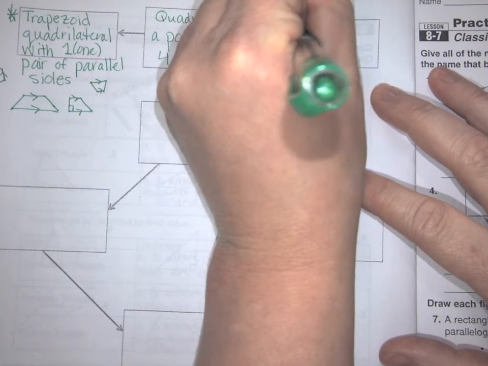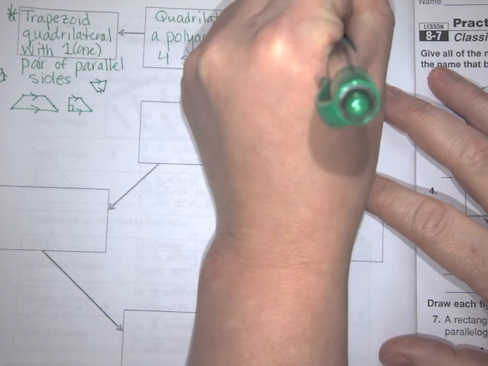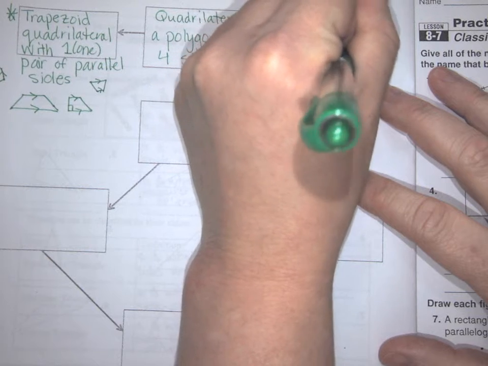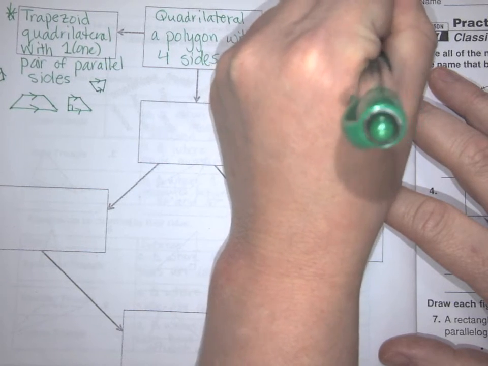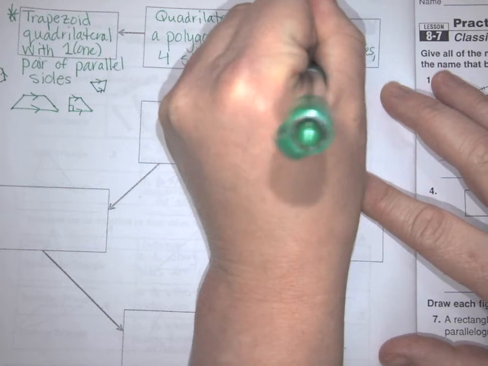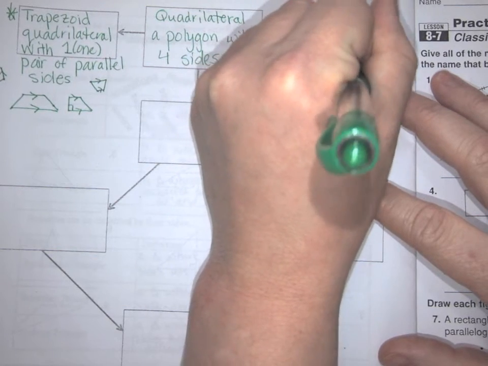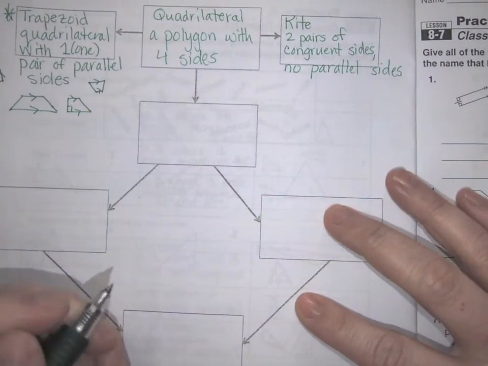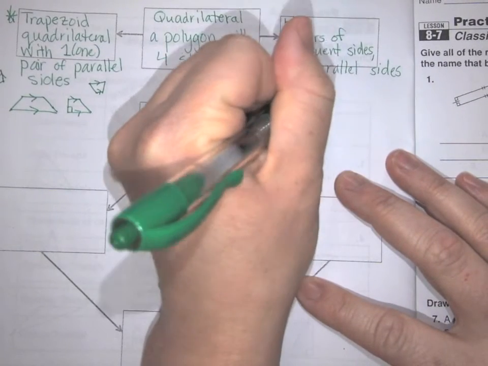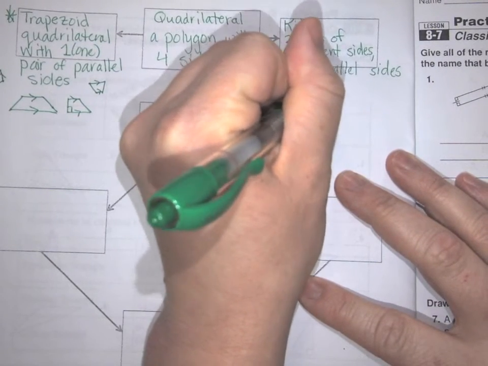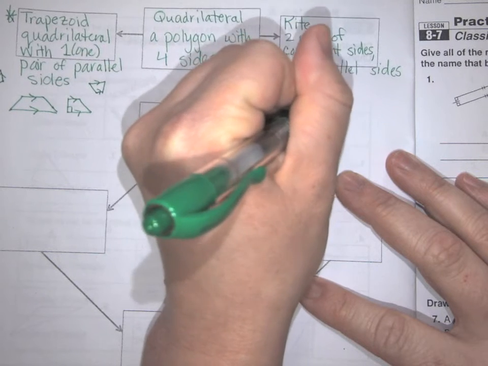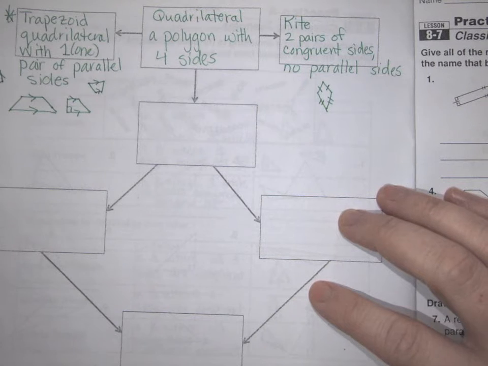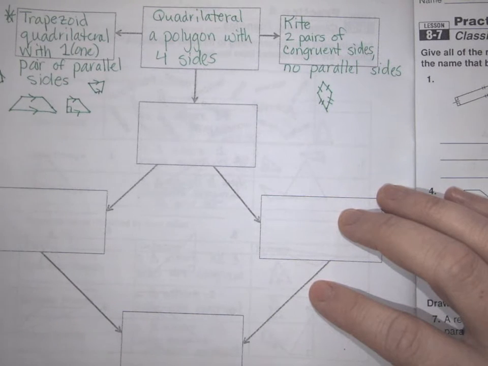So there are 2 pairs of congruent sides, no parallel sides. So this is where you have the figure where you have kind of 2 shorter pieces and 2 longer pieces. All right. And the pieces that are congruent share a vertex.